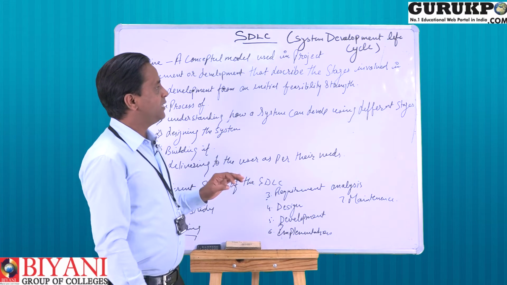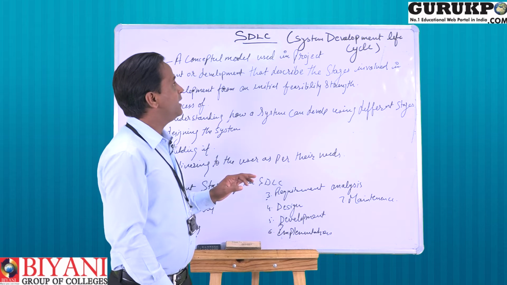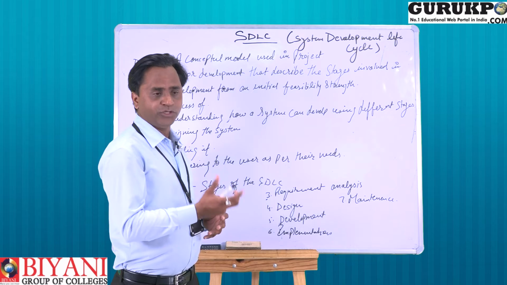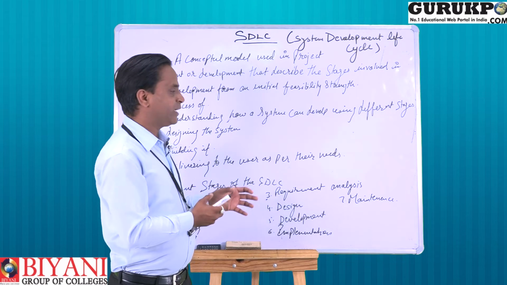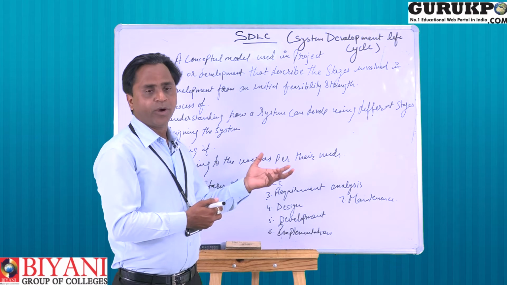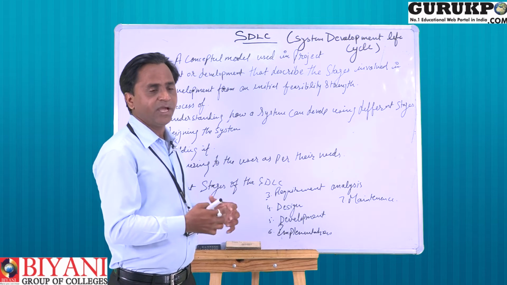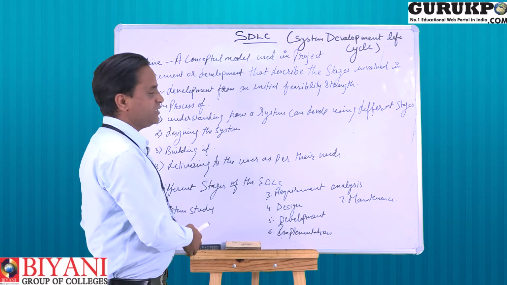In SDLC, System Development Life Cycle, we develop small projects that work on the requirement of the user, who wants to do some different task. We use these different stages in SDLC.